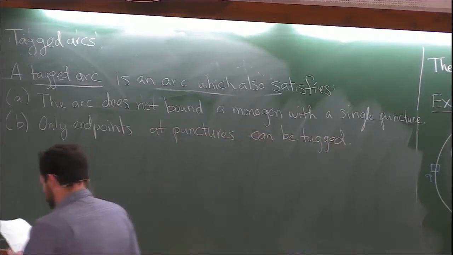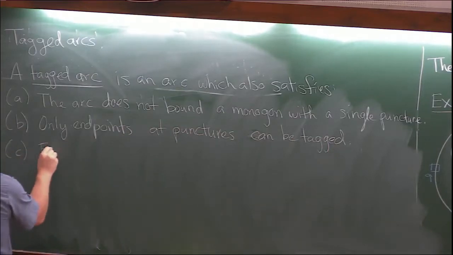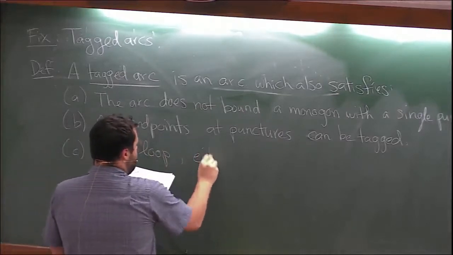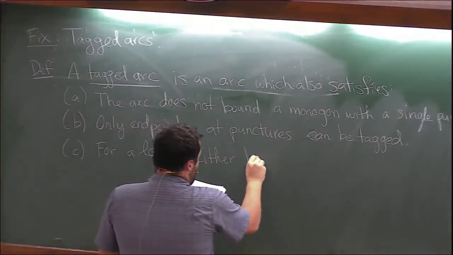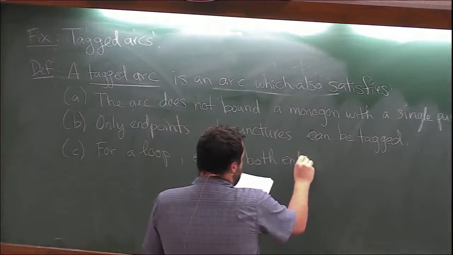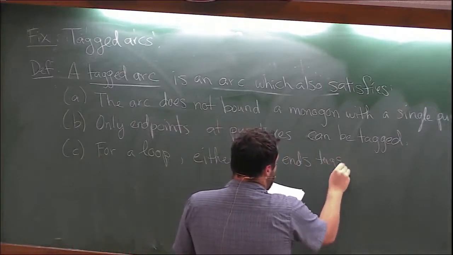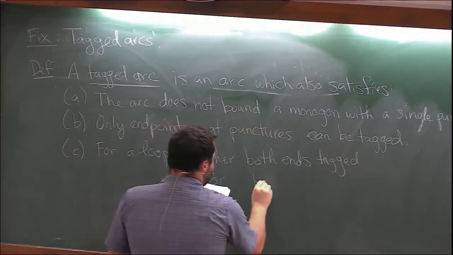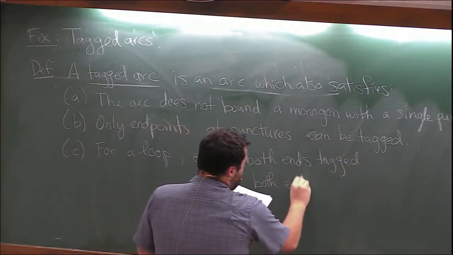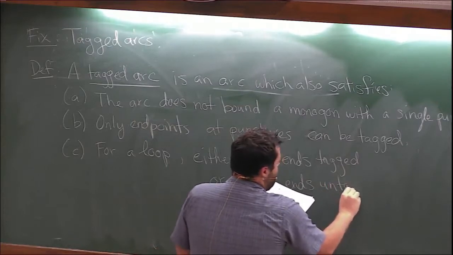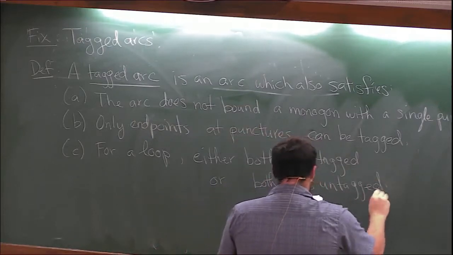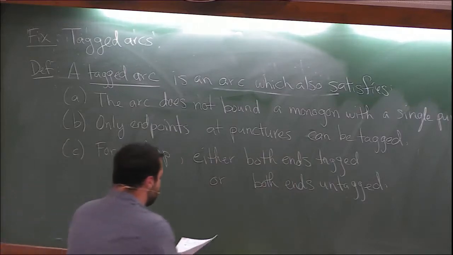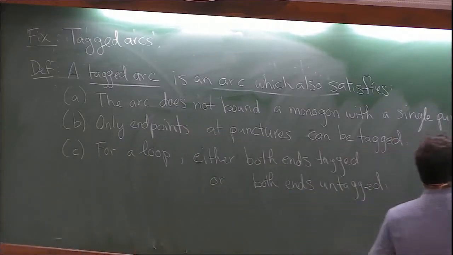And finally, for a loop, either both ends of my arc are tagged, or both ends are untagged. Okay, so let me draw a picture for you of how we denote a tag.